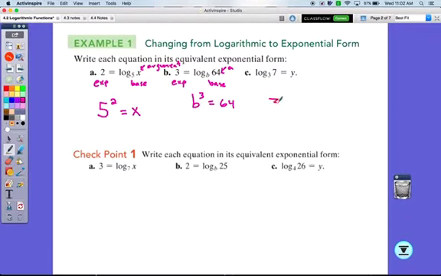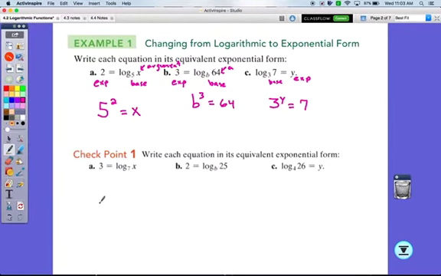Our base is the number in the subscript, our exponent is by itself on the other side of the equal sign, and that's equal to what's inside the log. So 3 to the y is equal to 7 is the exponential form of log base 3 of 7 is equal to y. Pause this, try these checkpoints, and see if you can get them right.